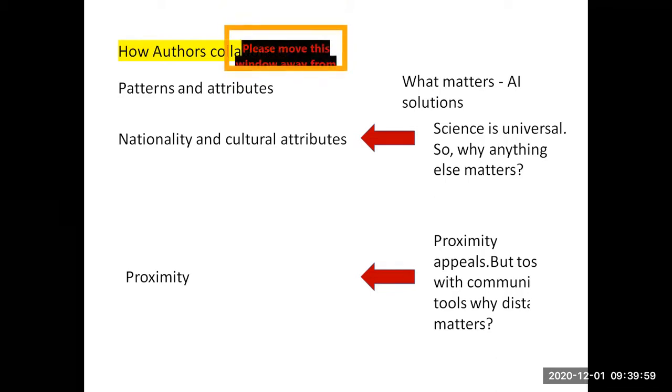So, does proximity really matter in this technology era? But when it comes to collaboration, proximity still matters. So, this may be a little bit old thinking still prevailing, and what we can see is that in future maybe these trends will change.